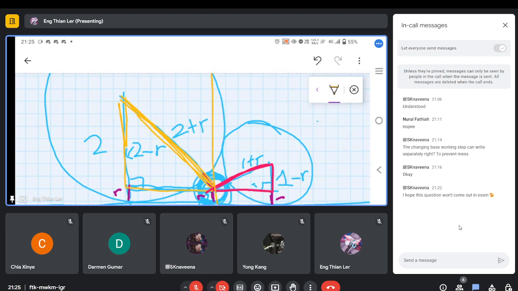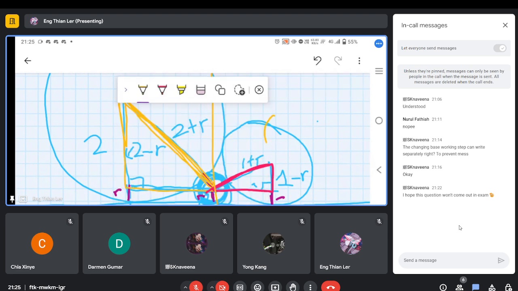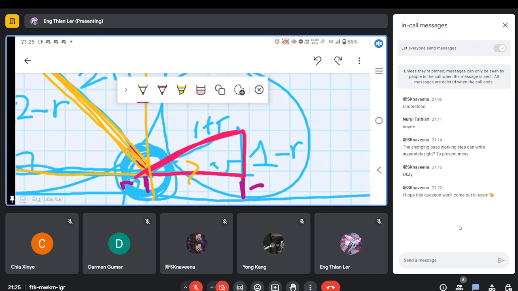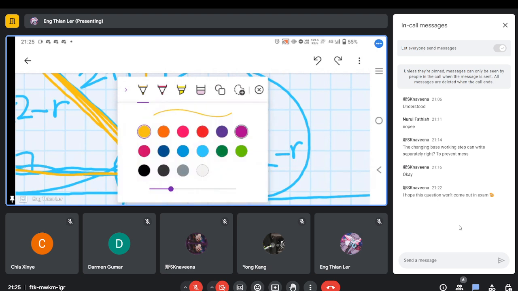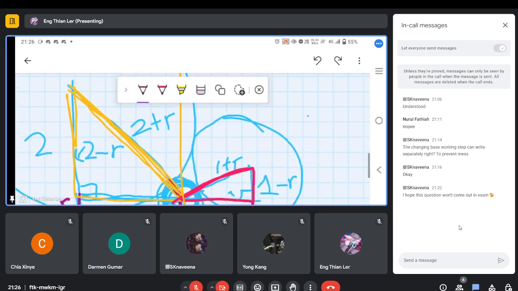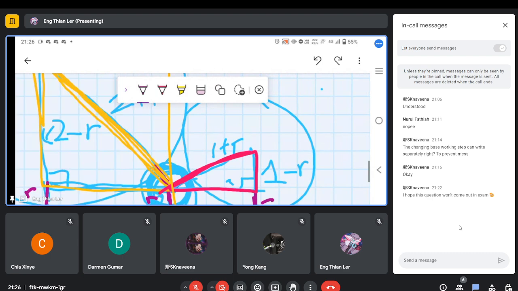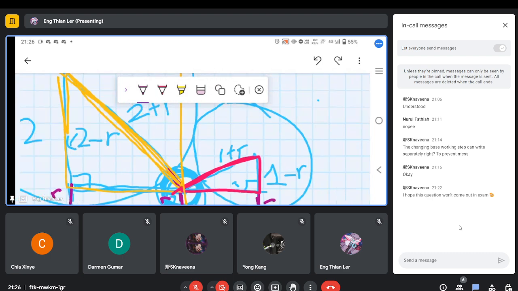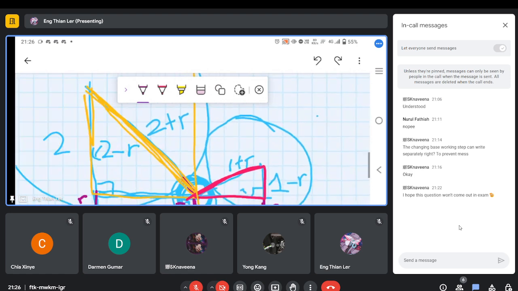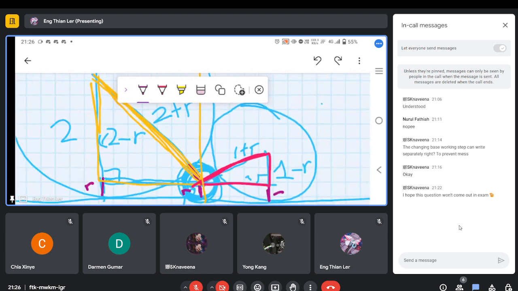So now I'm going to draw the line from here. This side. Why do I need to draw this line? Because I need to find this side, this length. I don't know how to find this length. So if I draw from here to here, this is 1.